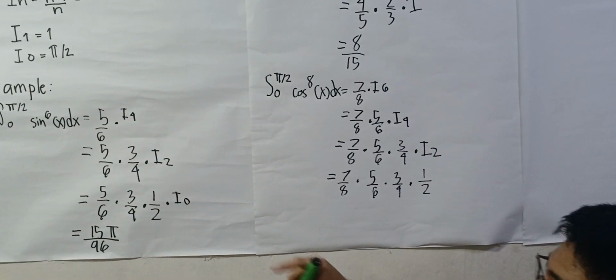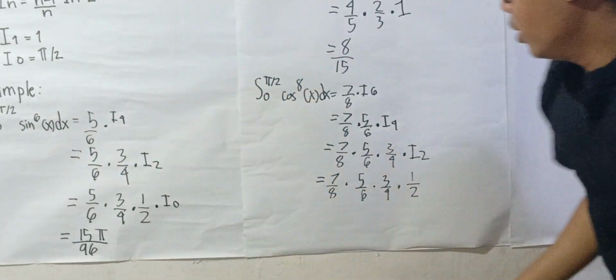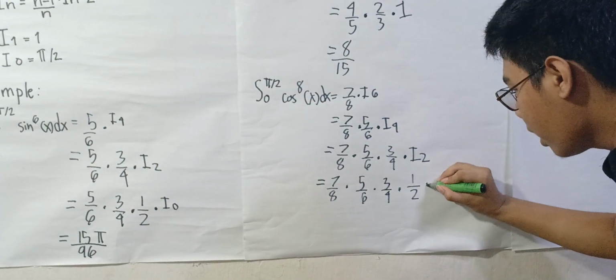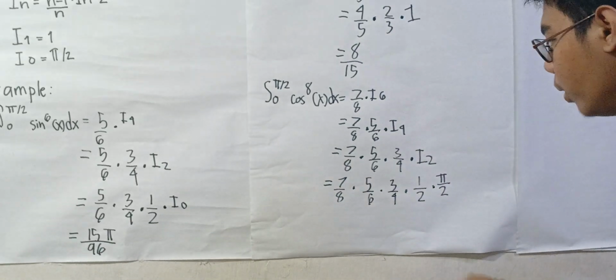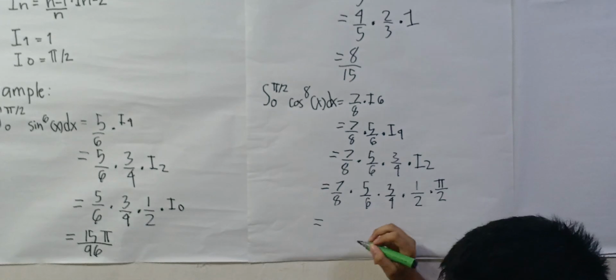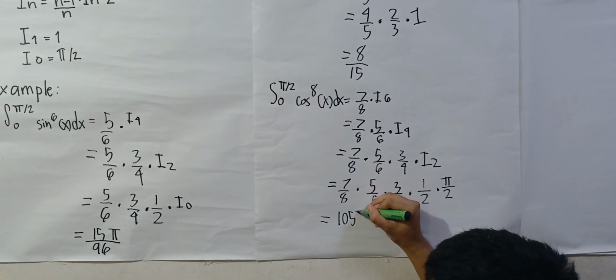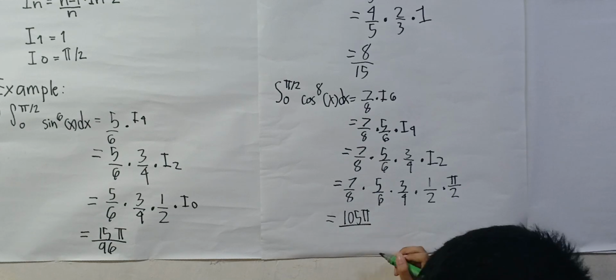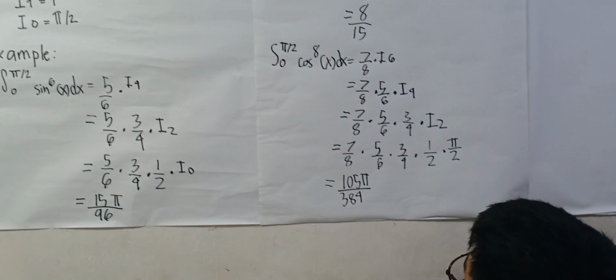2 minus 2 is 0, so we would end up with I0, which is pi over 2, times pi over 2, which is equal to, in total, 105 times pi over 384.